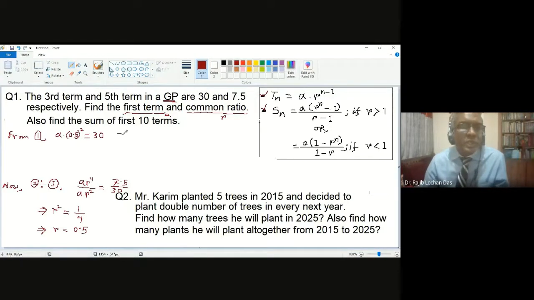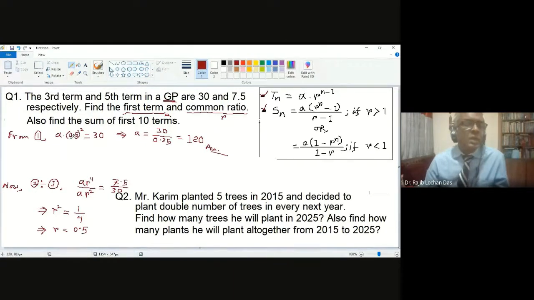So what will be A? A will be 30 divided by 0.25 and it is 120. So fine. Another portion is done. So number 1, that is the first part of the question, done.